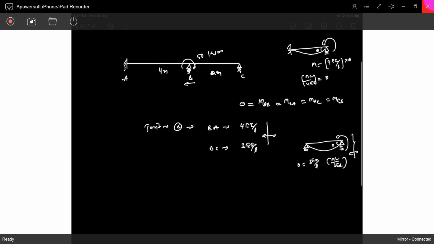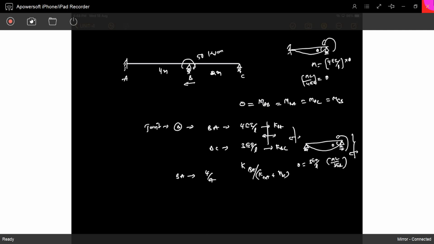Now how can we distribute the moment? The distribution factor for BA is 4 plus 3, so 4 by 7. The distribution factor is KBA divided by KBA plus KBC, the total stiffness.